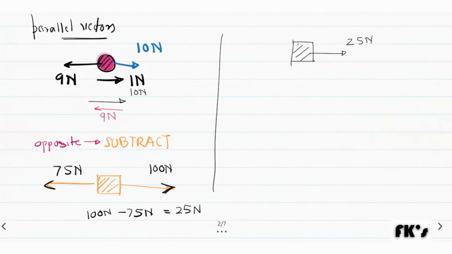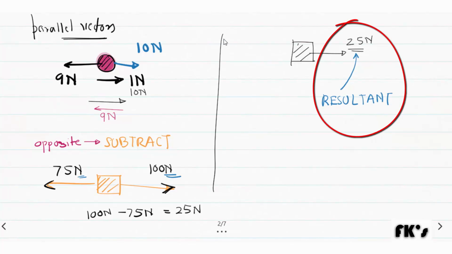When I have two different forces acting on the body, and we talk about the combined effect of those forces, I'm going to call the combined effect a resultant. So in this case, 25 Newton would be called the resultant. That is the result of the original two vectors, which were 100 and 75 Newton.